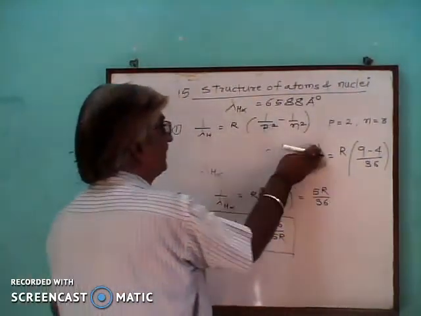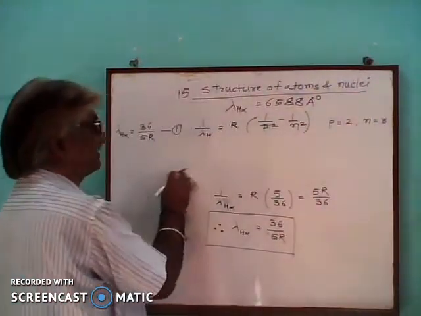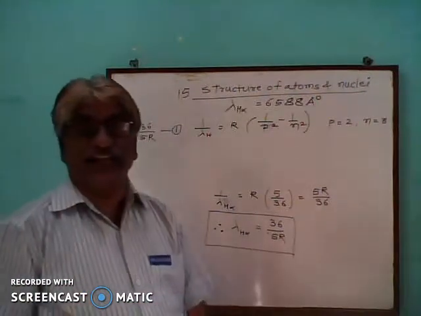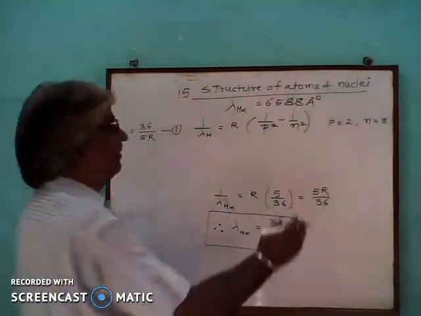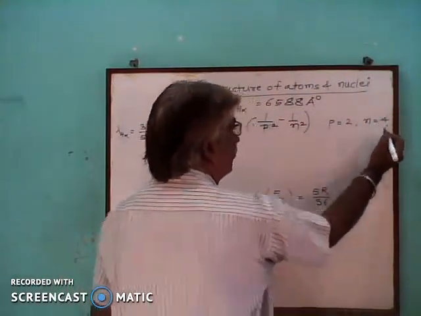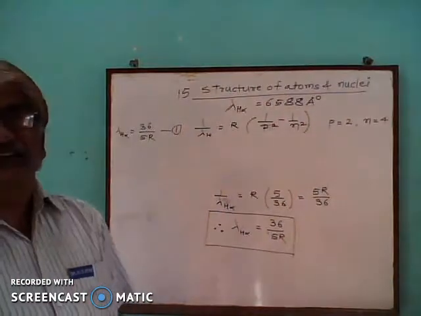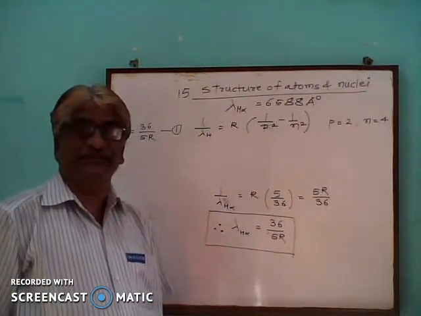If we take the second line of Balmer series, it will be H beta line. For H beta line, take P equal to 2 and N equal to 4, because H beta line is the second line.